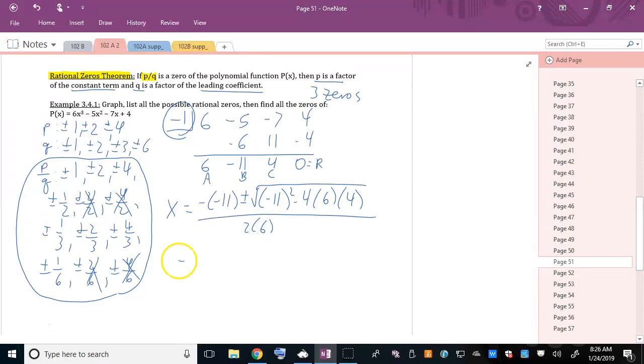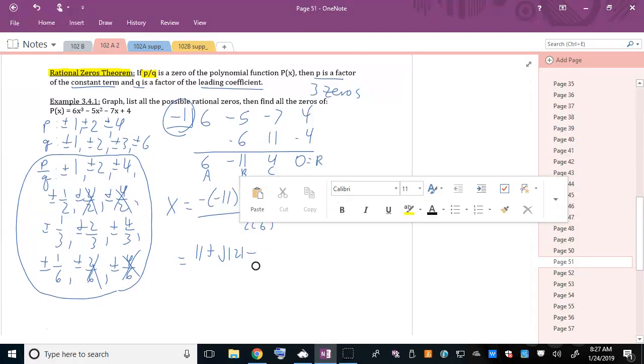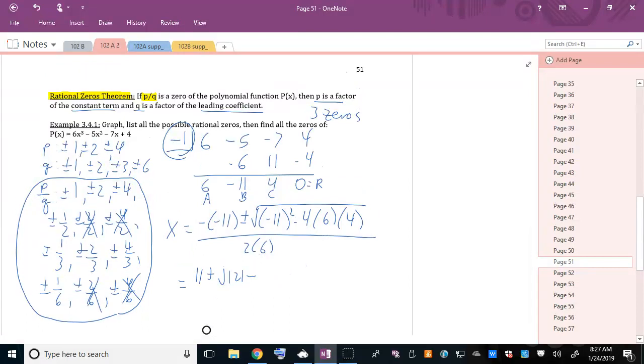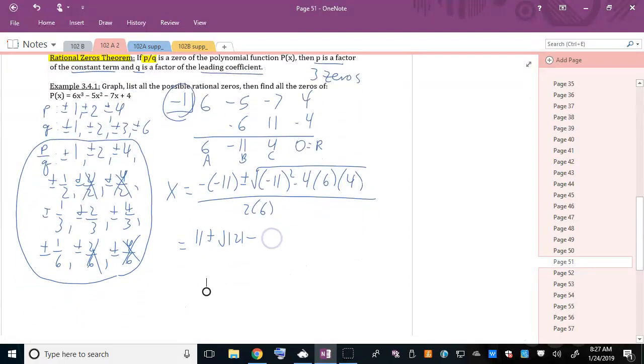And let's see what we get. So I get 11 plus or minus the square root of 121 minus 96 all over 12.